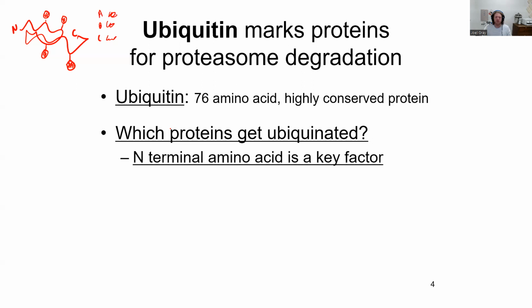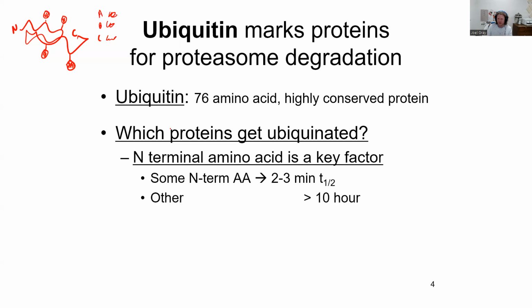And what they're going to do is look at the N termini. The N-terminal amino acid is a very important kind of factor, or signal of sorts. And what they're going to look at is basically, is there a specific sequence that will cause them to very quickly add a ubiquitin subunit.